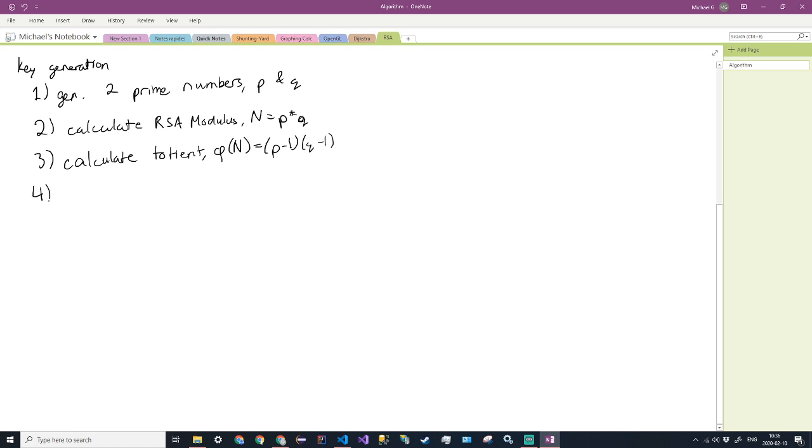The fourth step is to determine e. So select e, such that e is relatively prime with the totient, and it's less than the totient.